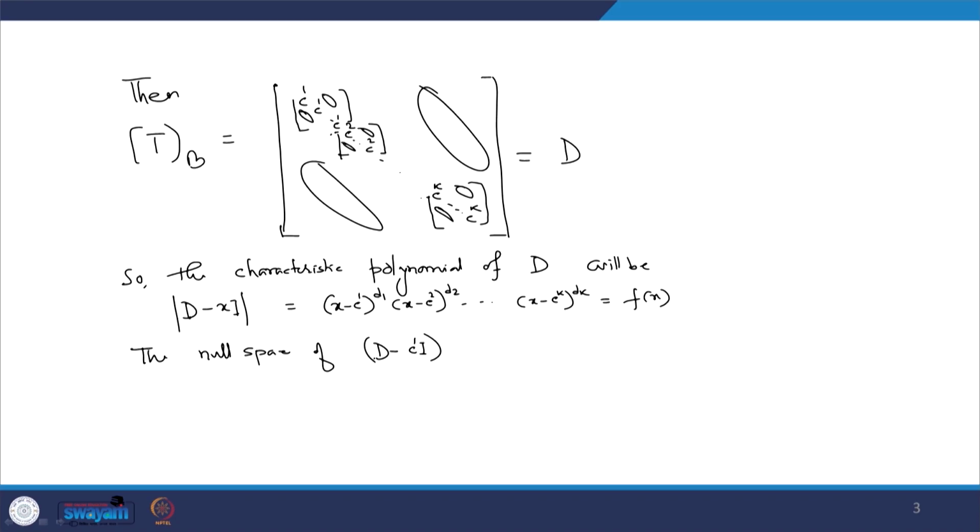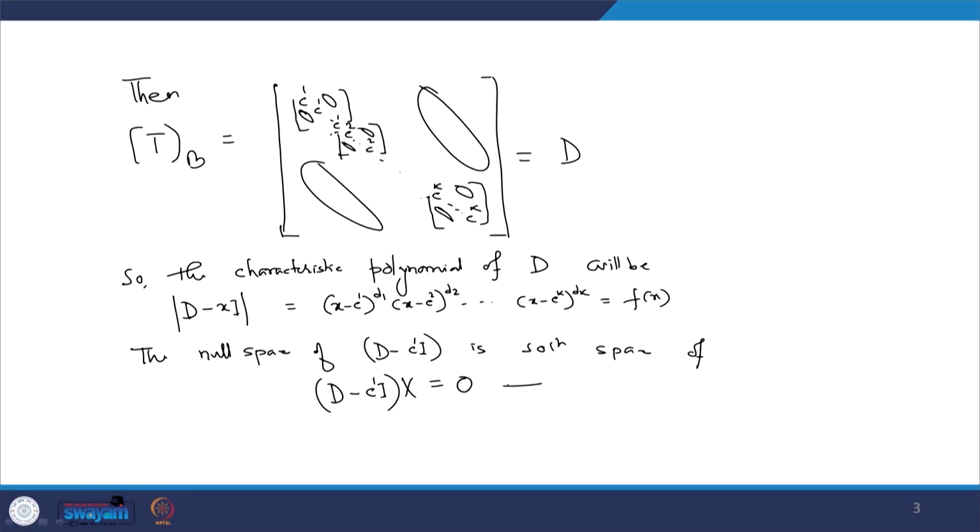As a result, the null space of D minus C1 I is the solution space of D minus C1 I times capital X equal to 0.